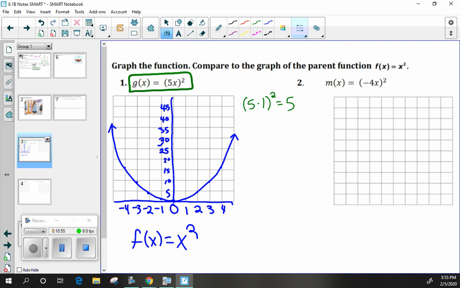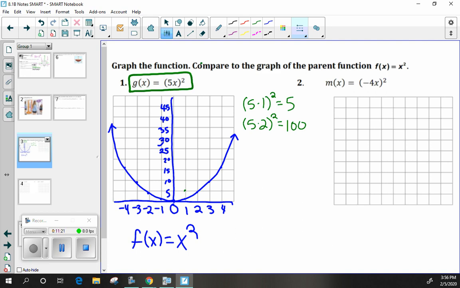So we go over here, x is 1, we have 5. Now we're going to see what that's going to be if we input a 2. And so 5 times 2 is 10, 10 squared is 100. Well, like I said, our numbers are going to get really big really fast, and we don't even have 100 on here, so we maybe have it way up here.